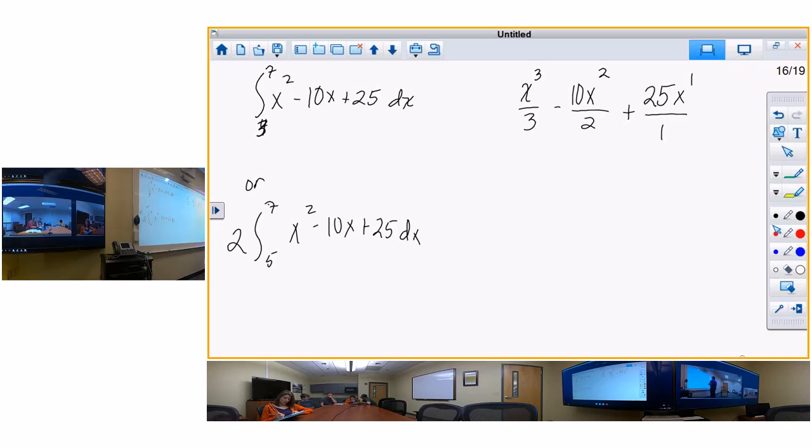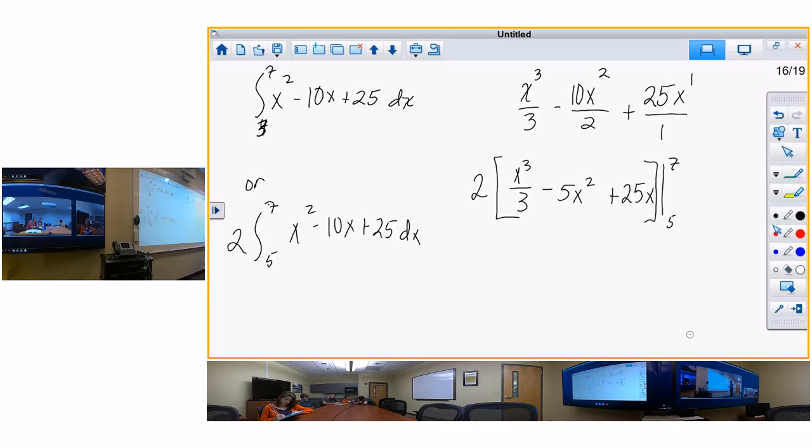All right, so here we go. X to the third over 3 minus 5x squared plus 25x, evaluated at whichever one you want to do. I'm going to do 2, and I'm going to go from 5 to 7.